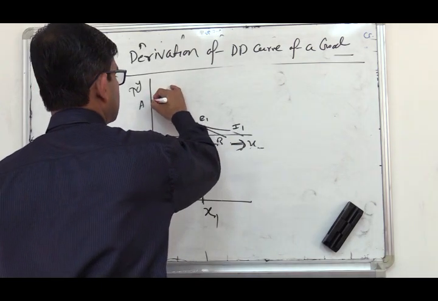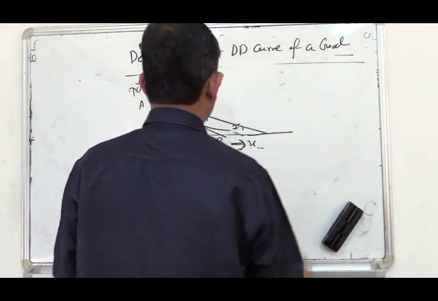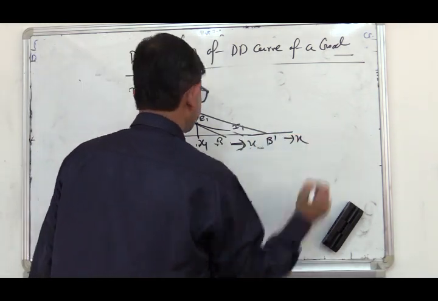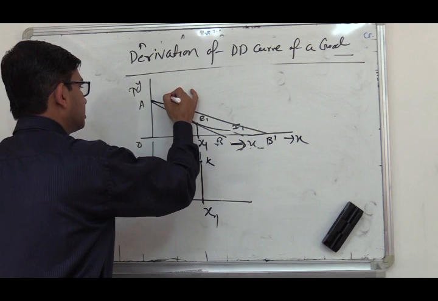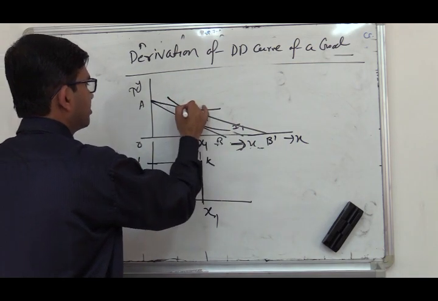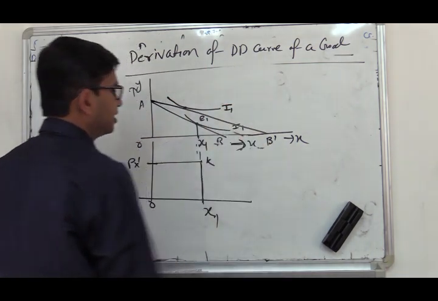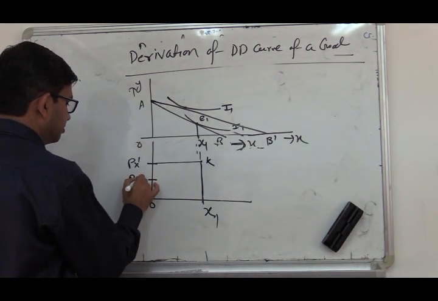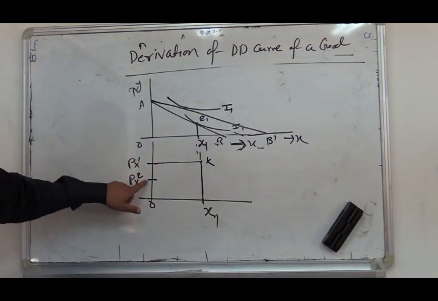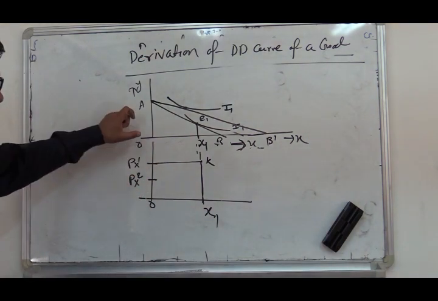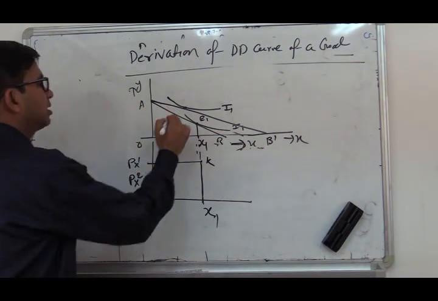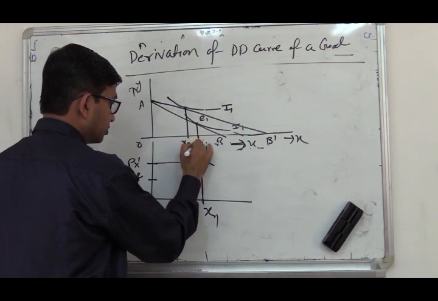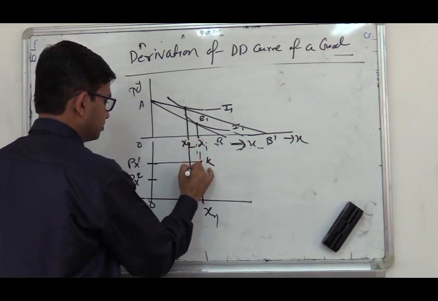Now let us consider that the price of X falls and we get a new budget line AB dash. And this is the new equilibrium point of the consumer on the higher indifference curve I1. So we saw that here the price is OPX2, which is less than PX1, that means the price has fallen, and the equilibrium consumption of X also declines and it is OX2.